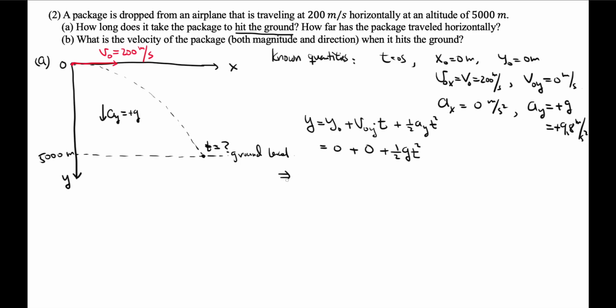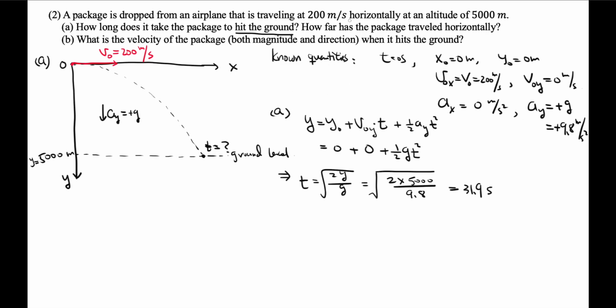Now from there, I can say t is given by square root of 2y over g, and y is this y here. That's the y final, which is 5,000 meters, divided by 9.8. And we can figure out that the instant here is 31.9 seconds, almost 32 seconds. So that's the instant that it hit the ground. So that's question A.